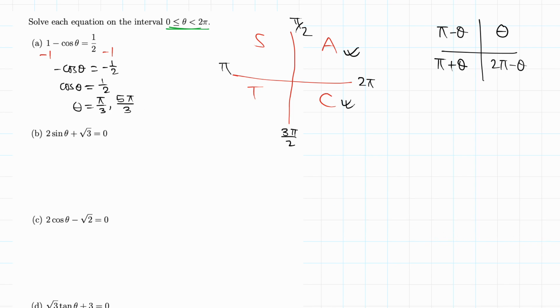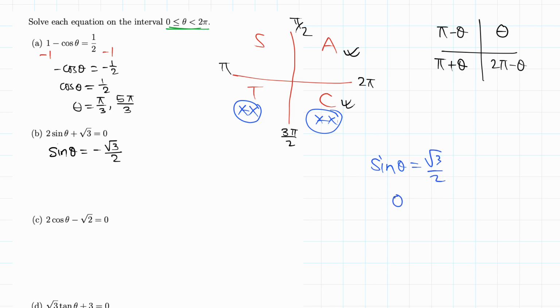Let's look at the second problem. Subtract root 3 from both sides, then divide by 2 so that we can isolate sine theta. So sine theta equals negative root 3 over 2. If you look at this quadrant rule, where is sine negative? All positive, sine positive here and here. So our answers will be here. Without the negative, sine theta equals root 3 over 2.